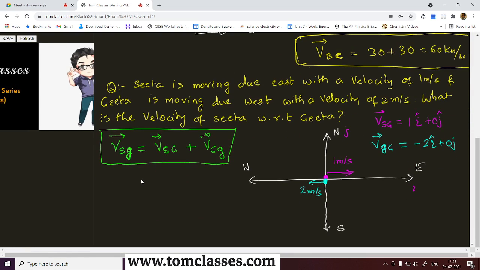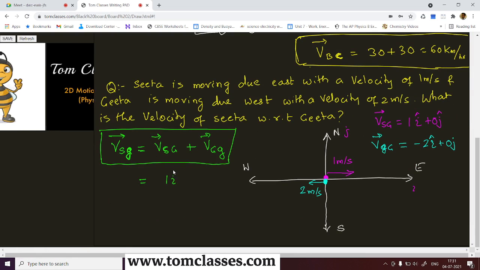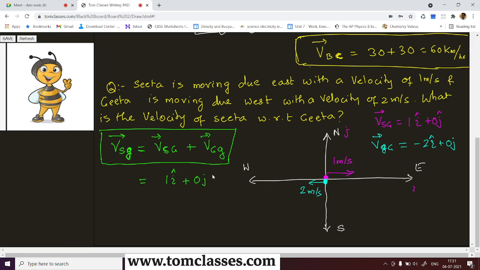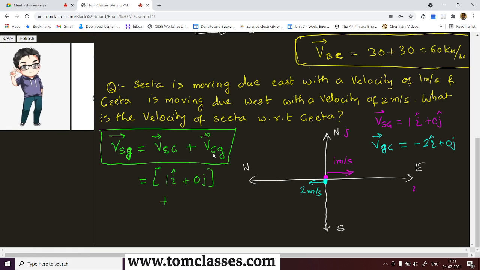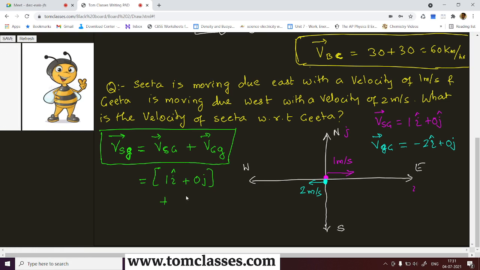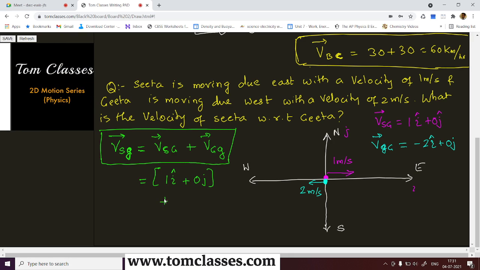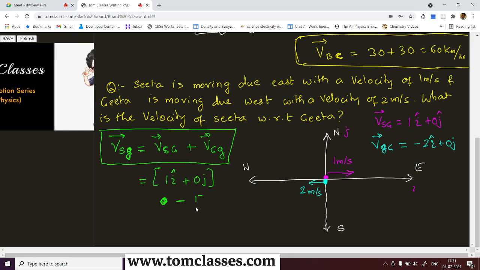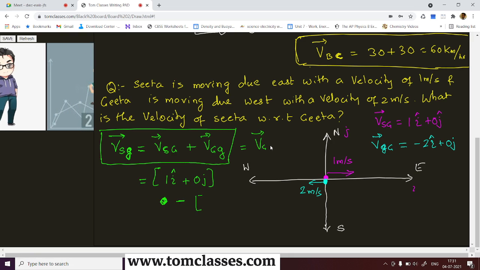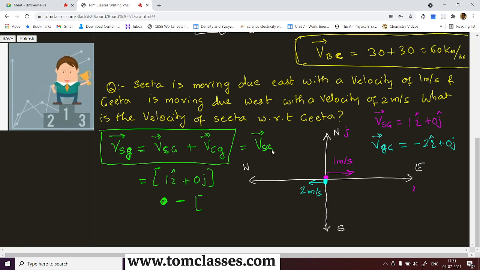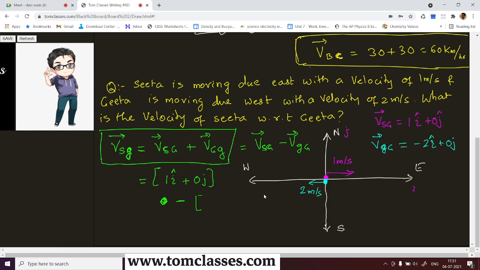So it has to be like this. You can say V of T with respect to G is 1i plus 0j in terms of vector, plus, now this has to be the minus of V of G with respect to ground.